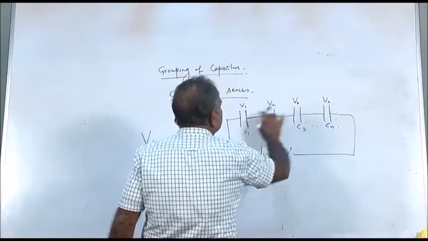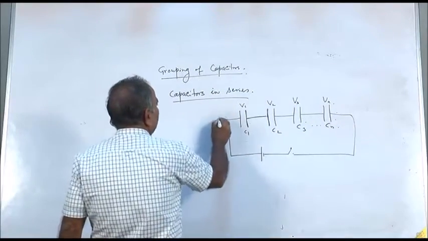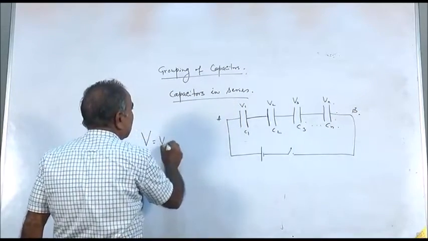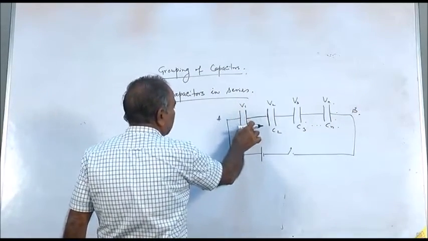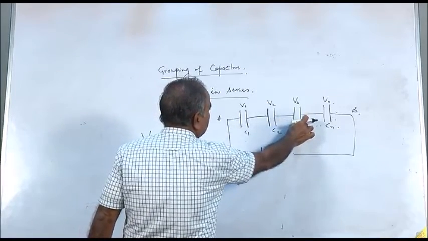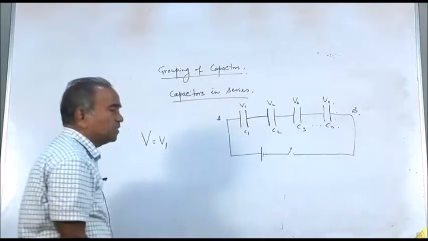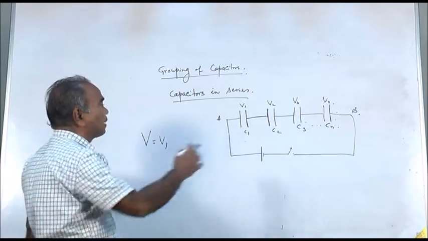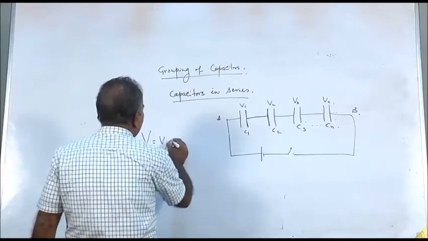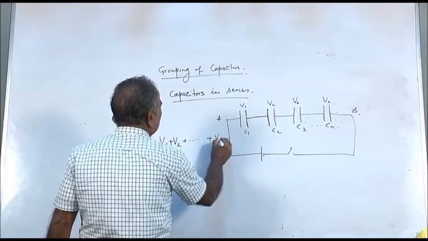So the total potential V between points A and B is equal to V1, the potential developed at capacitor C1, plus the potential developed at capacitor C2, at capacitor C3, and similarly at capacitor Cn. If there are n capacitors connected in series, then V is equal to V1 plus V2 up to Vn.